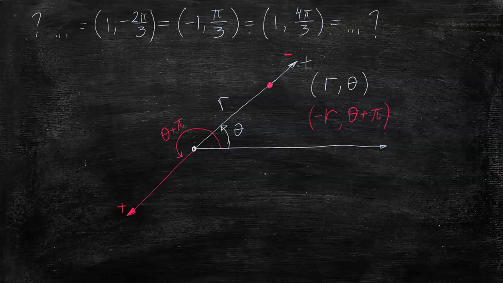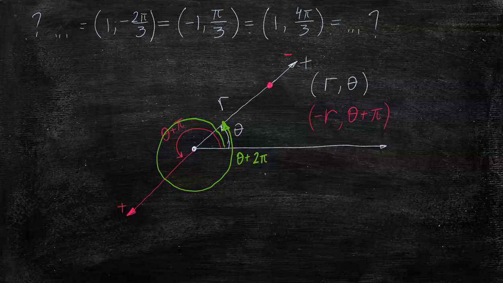Alternatively, what else could we have done? Well, instead of stopping at theta plus pi, we could have moved in the negative direction too, but we could have also given it a full spin. So we shouldn't stop at theta, but move all the way around. And what would this angle be? Well, this angle will be theta plus 2 pi.